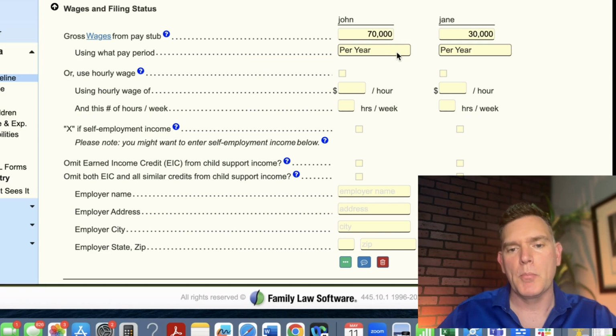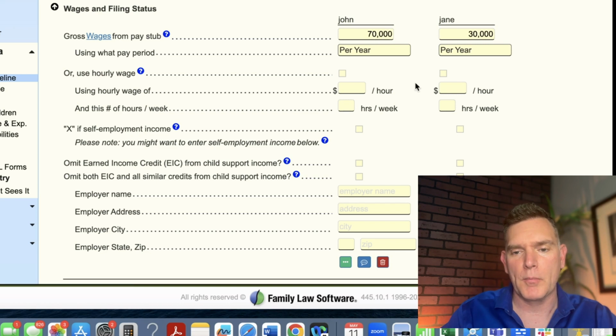In fact, breaking it out monthly is what you will see most of the time. Like if the Department of Revenue is running some child support calculations on you, they're going to have this broken out in a monthly amount. So instead of 70,000, it might be, I don't know, 5,800 a month or whatever. I think that's roughly close to 70,000. Don't judge me on my math.